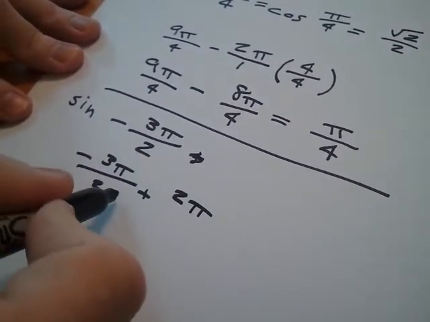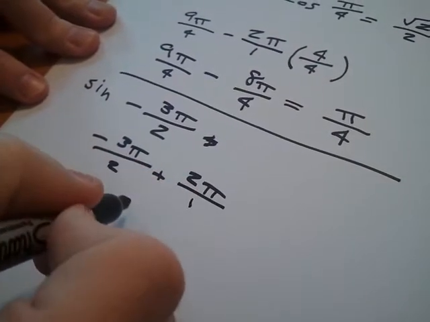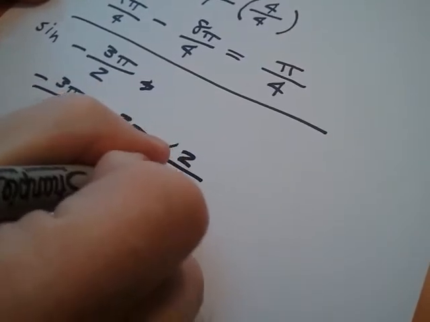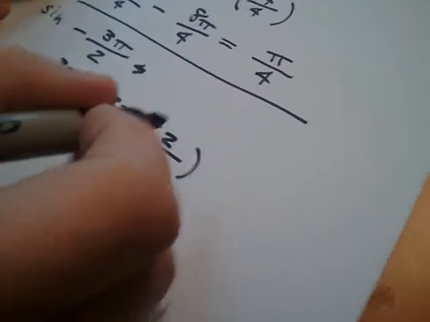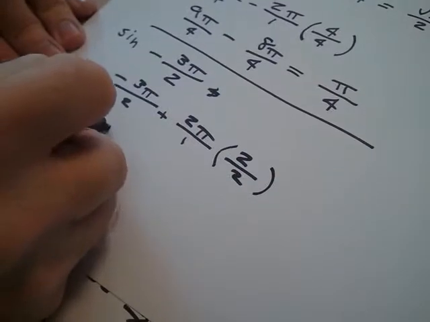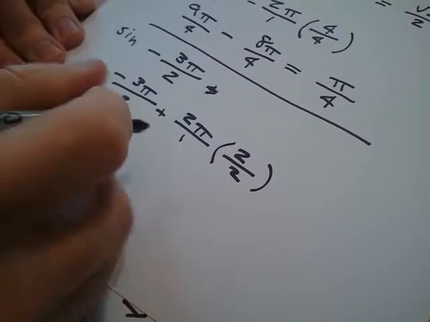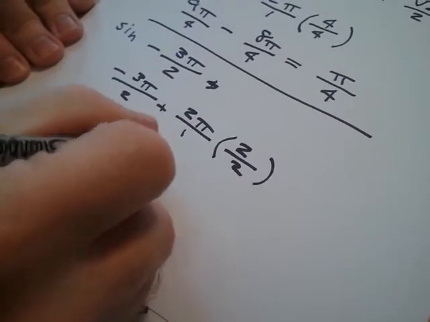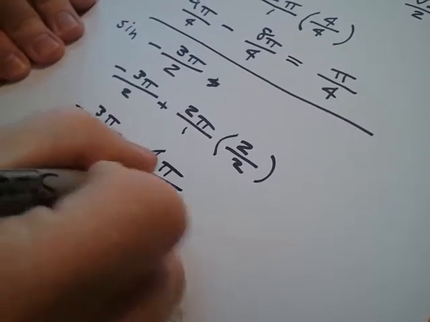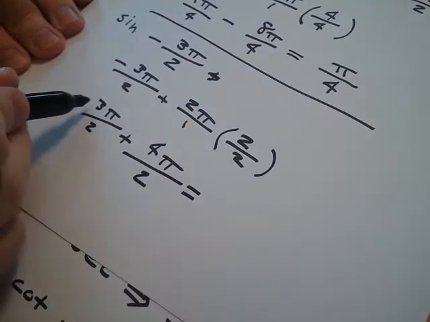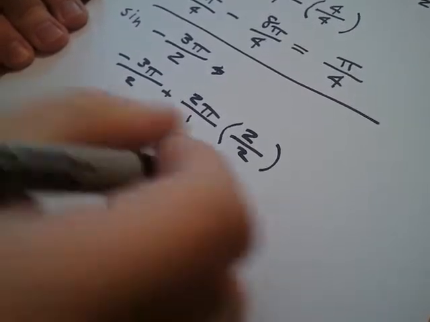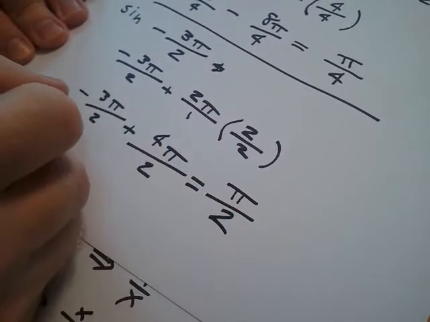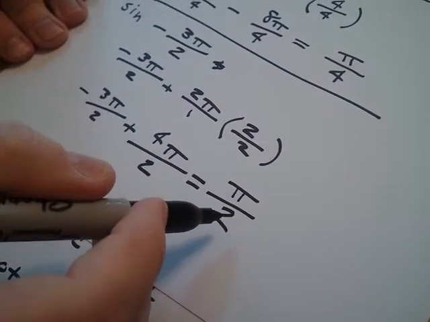Again, we've got different denominators here, so we need to make a common denominator. I'm going to multiply by 2 over 2. This becomes negative 3 pi over 2 plus 2 pi times 2 gives us 4 pi over 2. This negative 3 pi plus 4 pi, that'll just give us pi. The denominator stays the same, over 2.